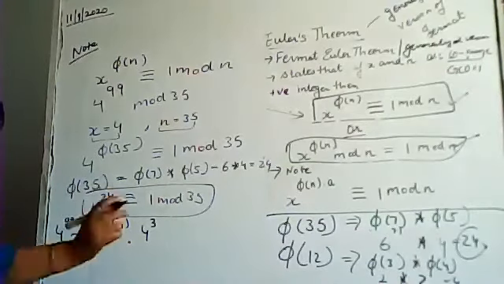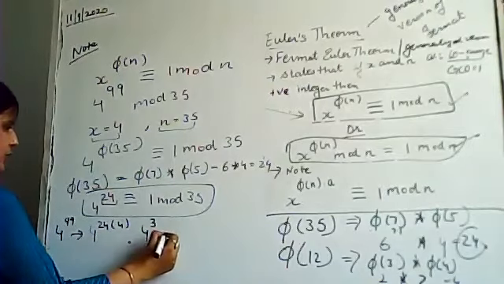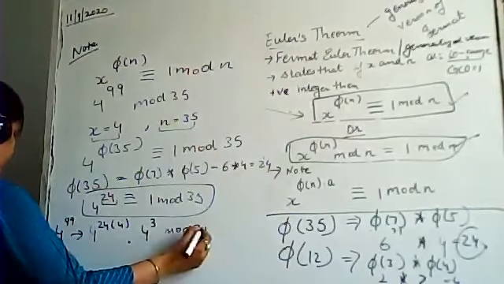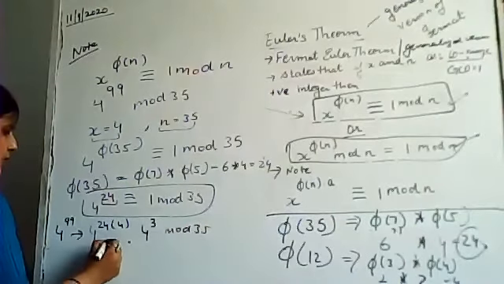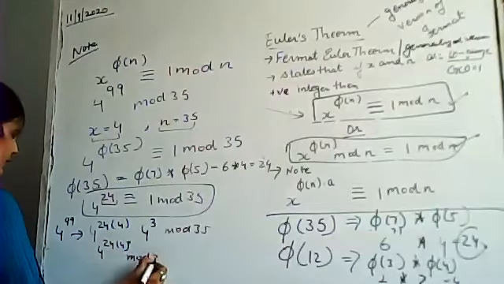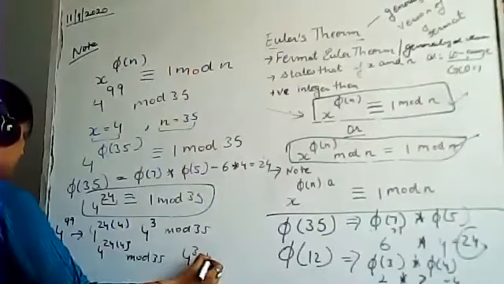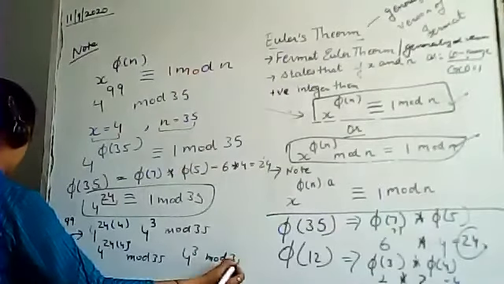So we have just taken the multiple of this 24 over here. Clear? Now what I will do over here is solve this particular thing individually. We have mod 35. So how can we solve (4^24)^4 mod 35, times 4 raised to power 3 mod 35?